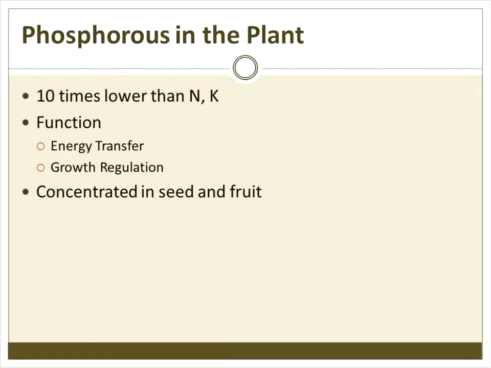When we think about phosphorus in the plant, what we're talking about is energy transfer and growth regulation. You may have never heard of these chemicals, ADP or ATP, adenosine diphosphate and adenosine triphosphate. The words probably mean nothing to you, but they are very important because these two chemicals are responsible for the transfer of energy within your body and within plants.